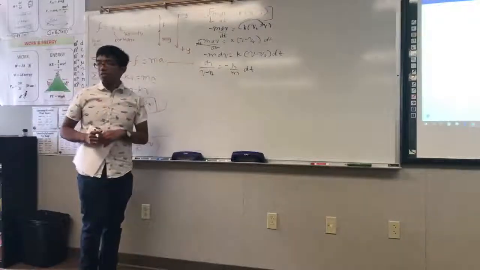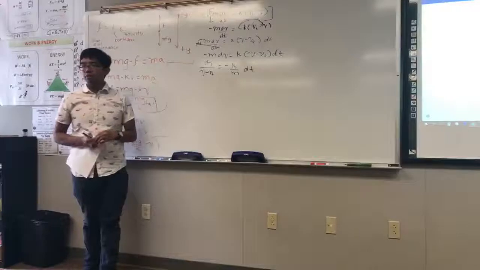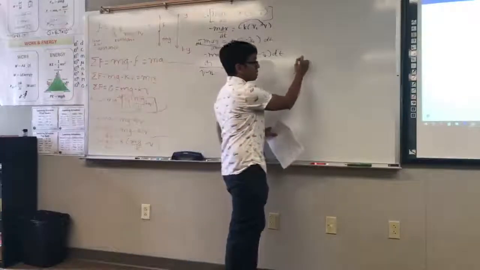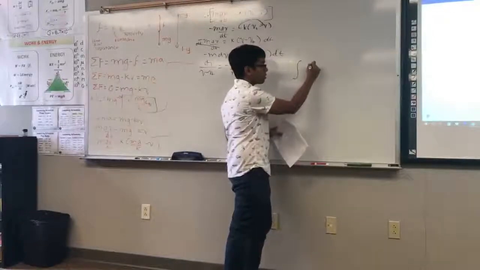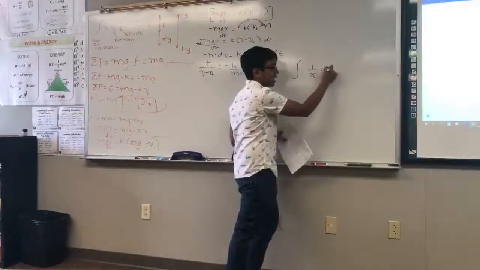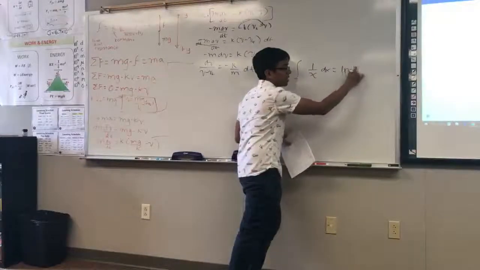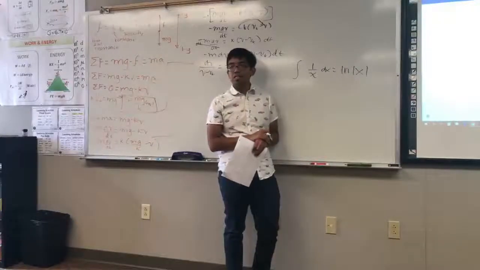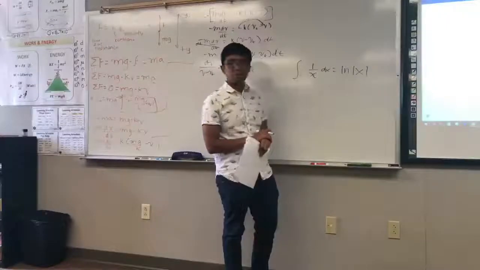Did everyone watch the video? Okay. So what you have to remember is the integral of 1 over x dx is equal to ln of the absolute value of x, plus c. That's a definition you have to remember too.